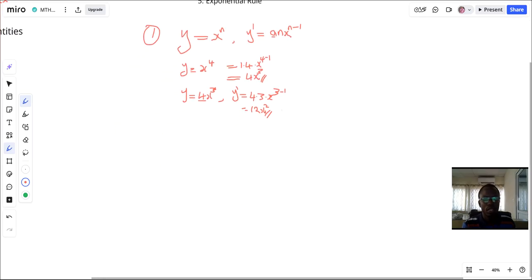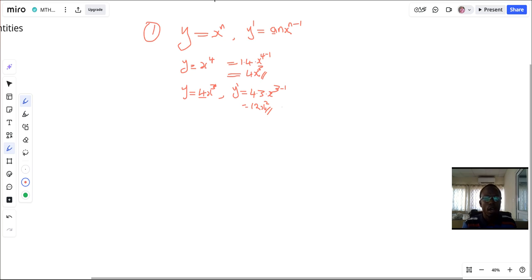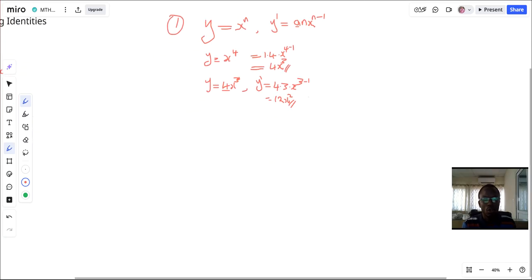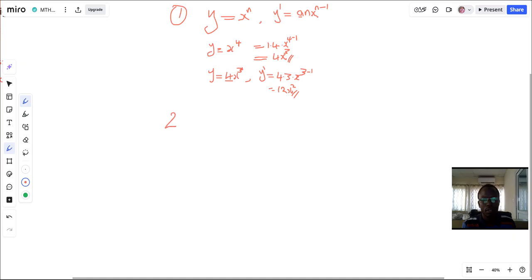If you are asked to find the derivative of any function that has a power, you are going to apply this formula. Then number 2, the constant rule.